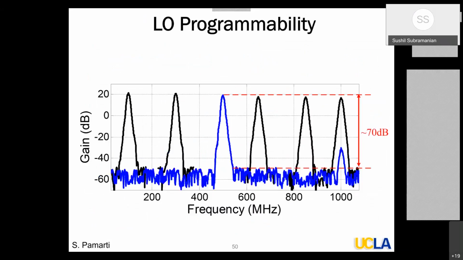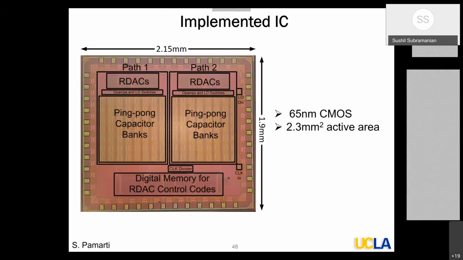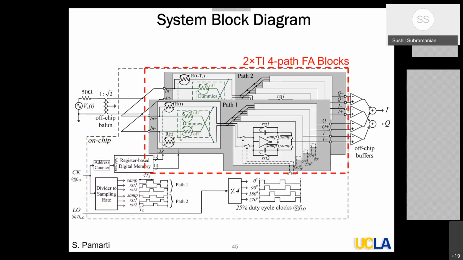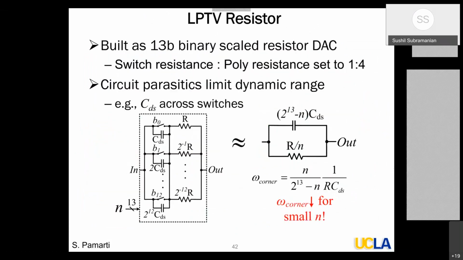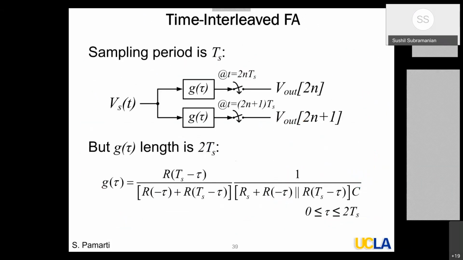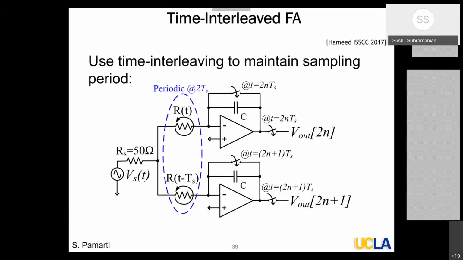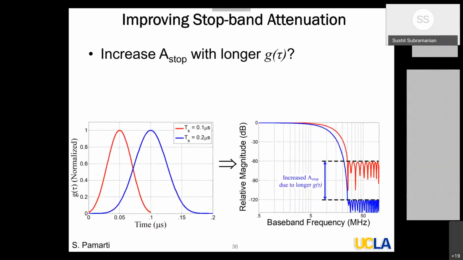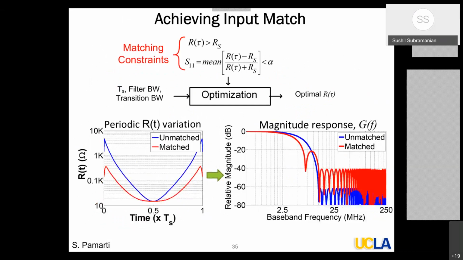But it looks like the bandwidth of filtering doesn't really depend on the length of G tau, right? It more probably depends on the coefficients or the shape of G tau. So my confusion is that the length of G tau doesn't seem to determine the filter bandwidth. Rather, it determines the sampling rate. So if you want to design for a certain filter bandwidth, how do we choose G tau?